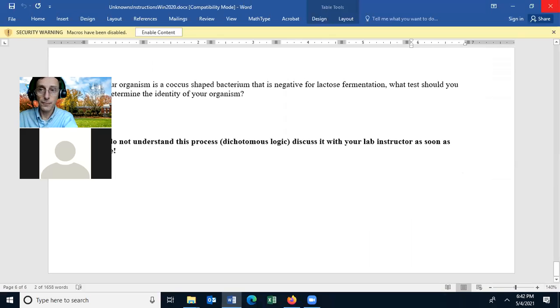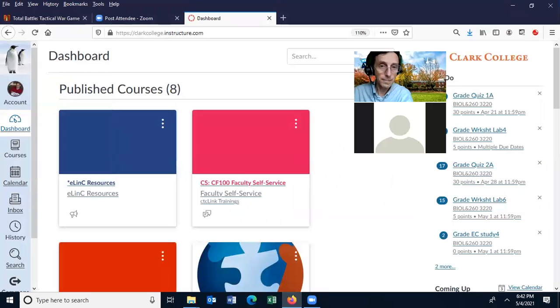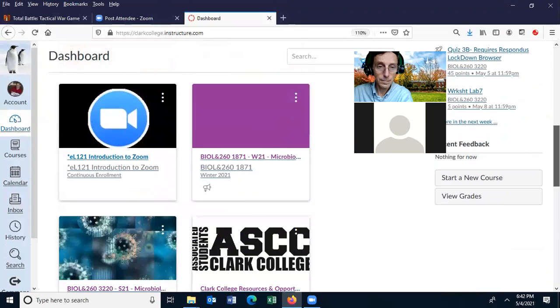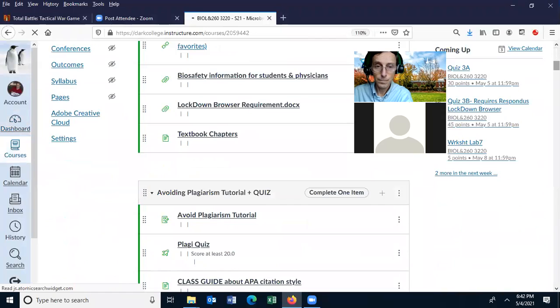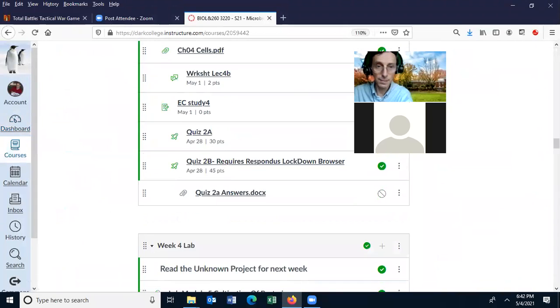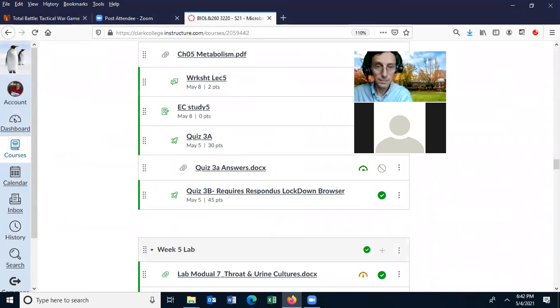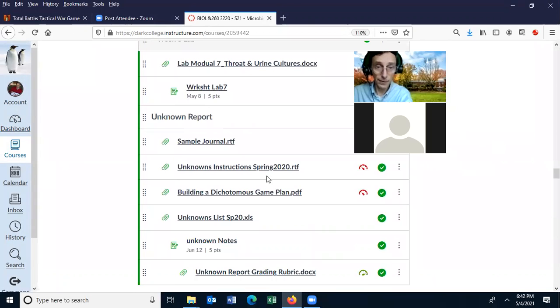Where's my rubric for grading the paper? I think it's under week 5 or week 6 lab. Week 5 lab. All right. So there's the unknown instructions.